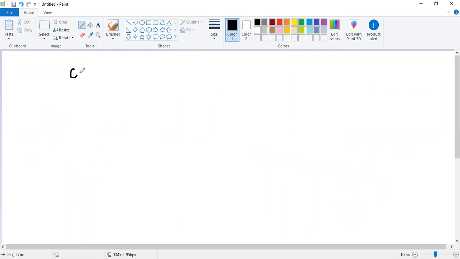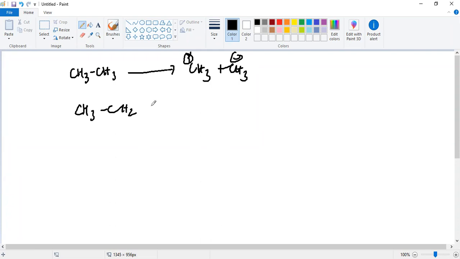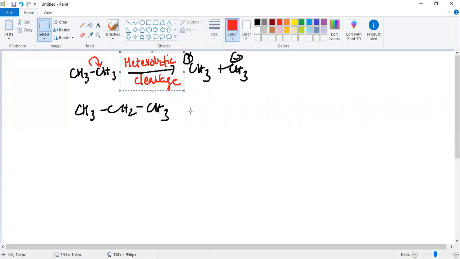Suppose you have CH3-CH3, then you will get CH3 plus and CH3 minus. But if you have CH3-CH2-CH3, and there is a heterolytic cleavage, due to this particular heterolytic cleavage, my dear students, we can get various products.